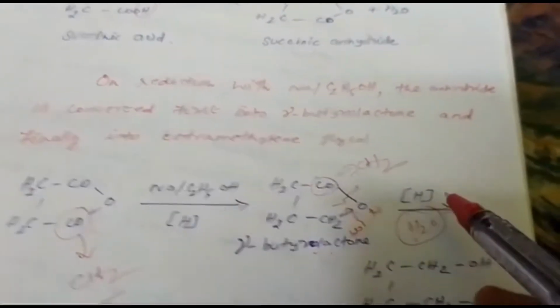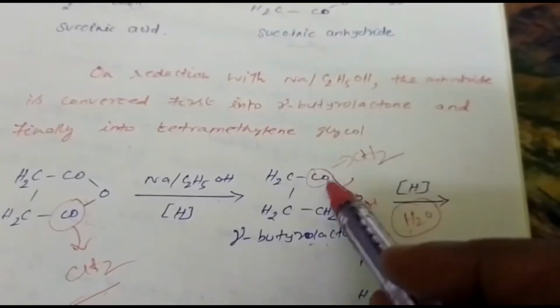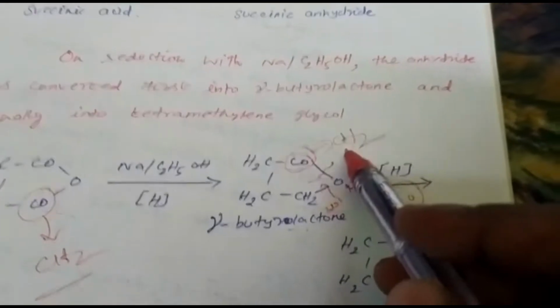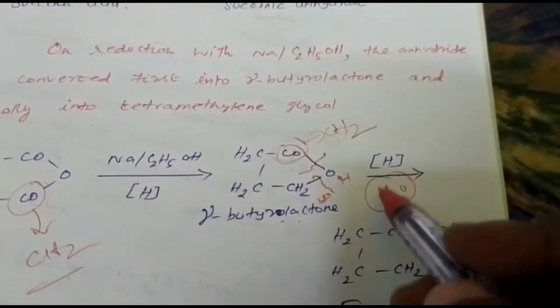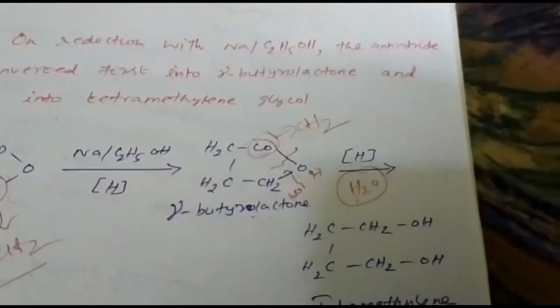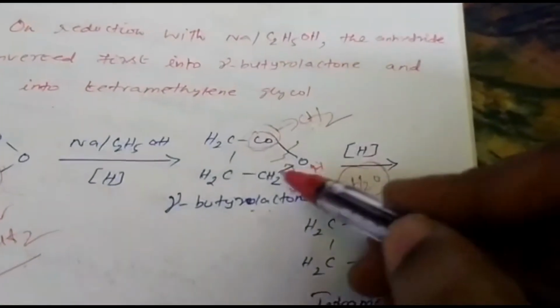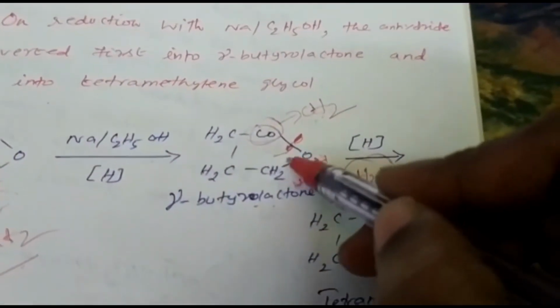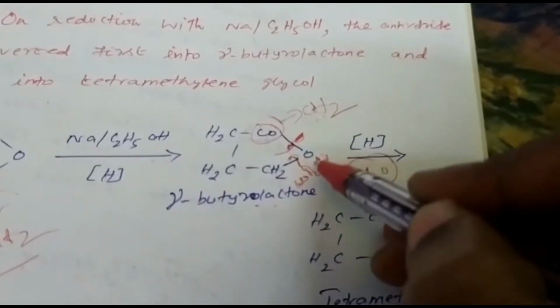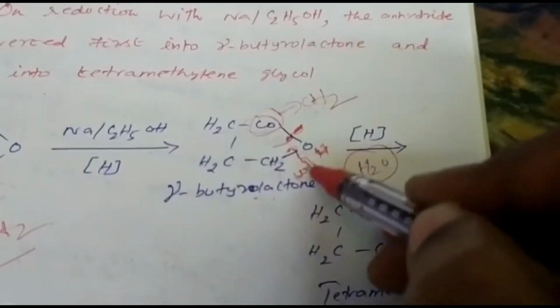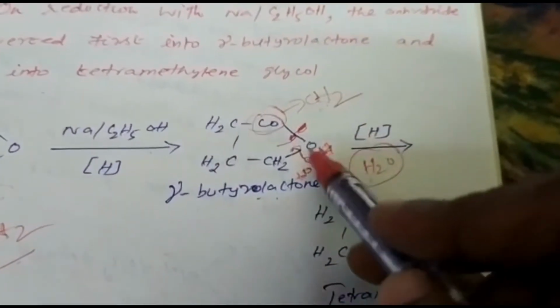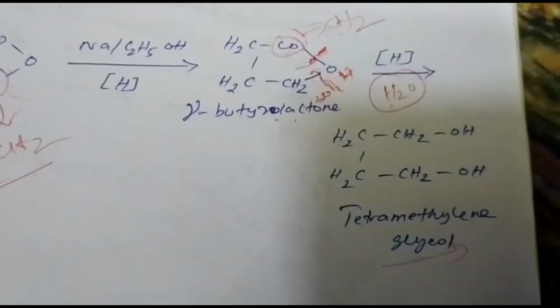In the second step, with further reduction, this CO also converts to CH2, followed by hydrolysis, this carbon-oxygen bond is broken. So hydrogen is added here, OH is added here. So what is the product? CH2CH2OH, CH2CH2OH, to get tetramethylene glycol.